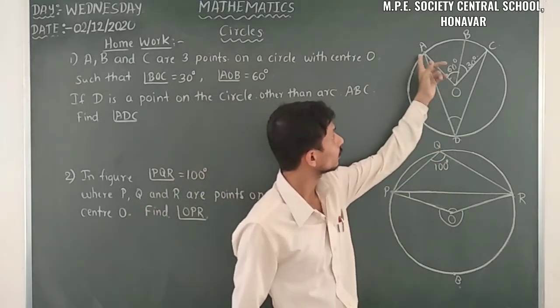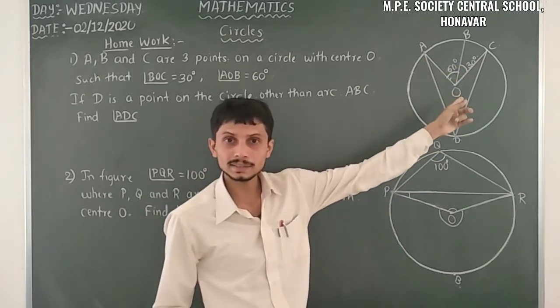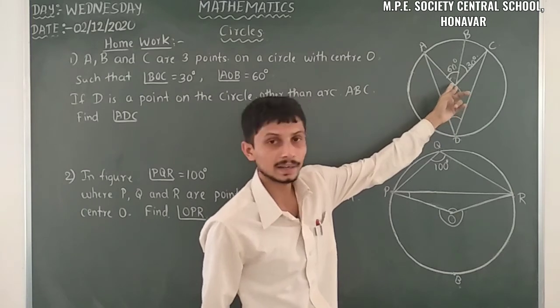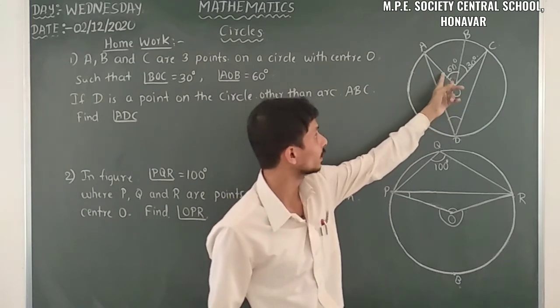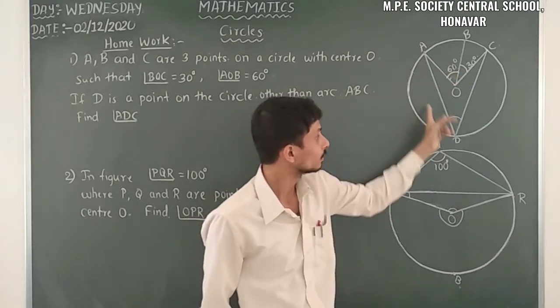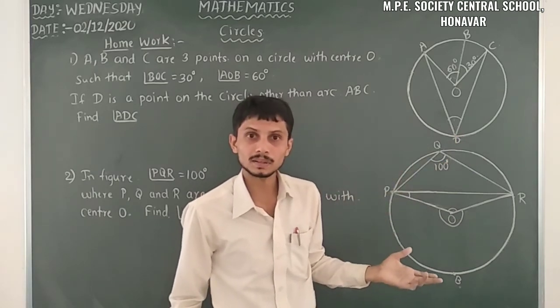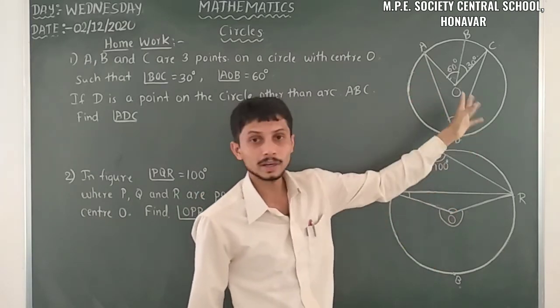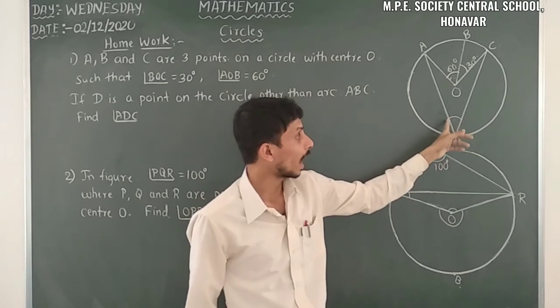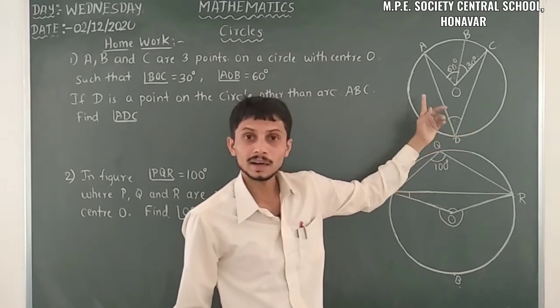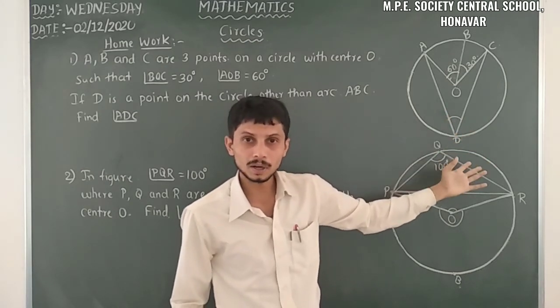Here arc AC subtends an angle of 90 degrees at the center, and we have a point D on the remaining part of the circle, so we also joined that one. So that means it is the angle subtended by the arc at a point on the remaining part of the circle.